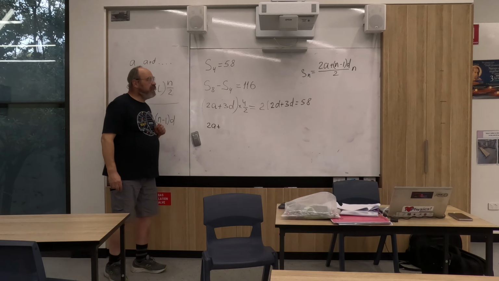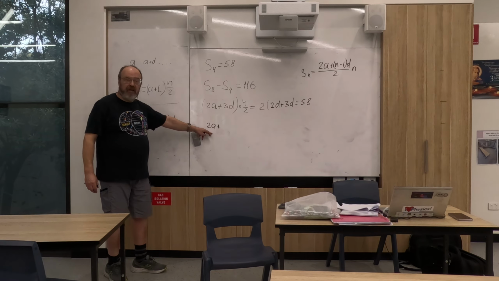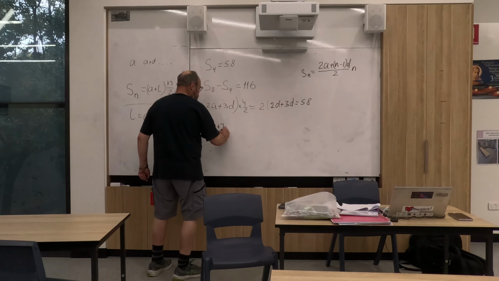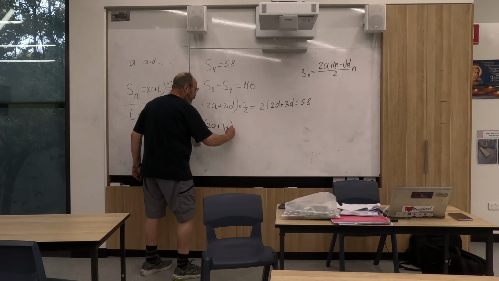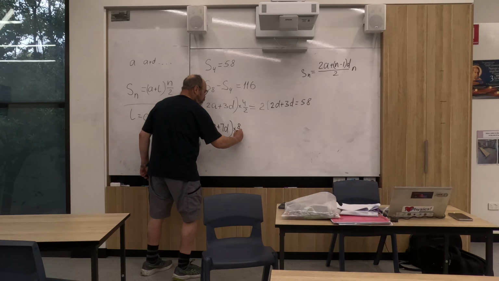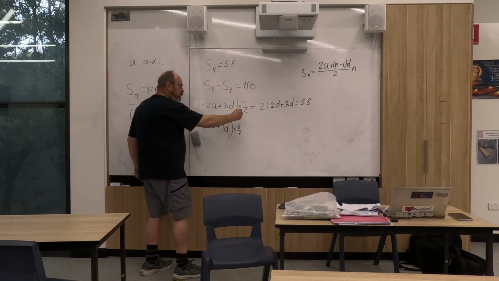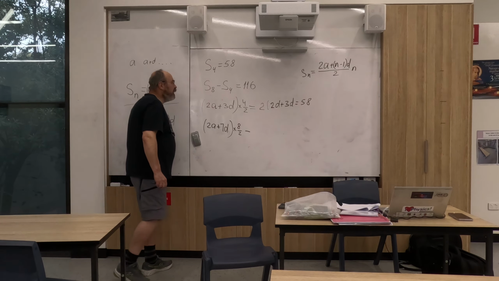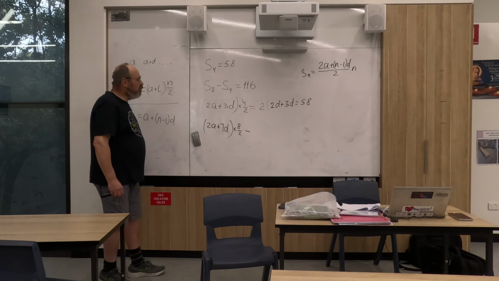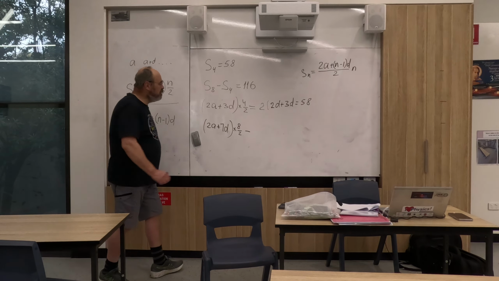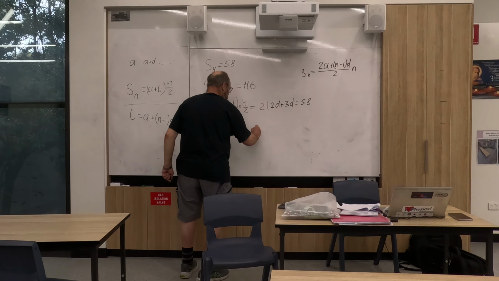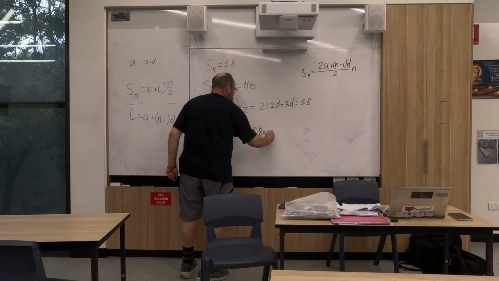So S8 will be 2a plus 7d, times 8 over 2, minus S4, which is 58, so minus 58 equals 116.